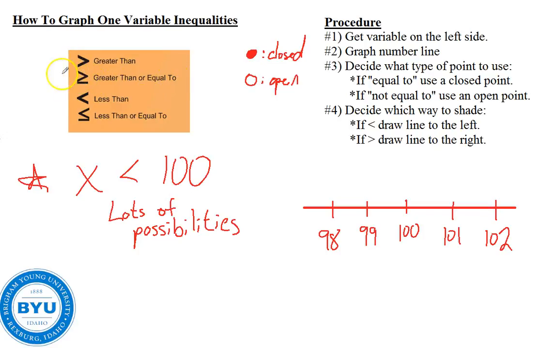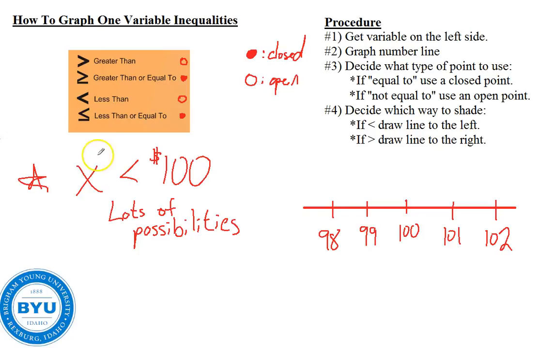For example, if it's greater than or equal to, I would use a closed dot. When it's greater than or equal to, or less than or equal to, we're going to use a closed dot. And if it's not equal to, that's when we use an open dot, because the actual value is not a solution. For example, when I said I know in my bank account it's less than $100, I know that I do not have $100 there because I didn't say it's less than or equal to.